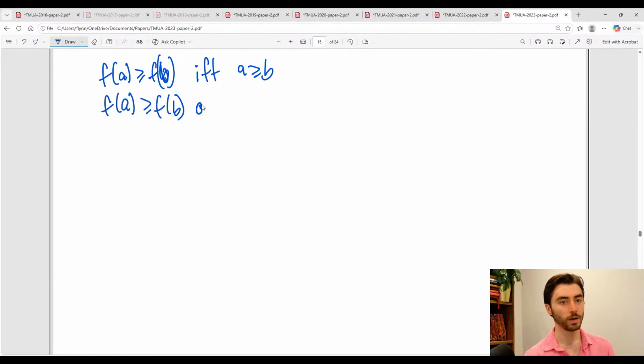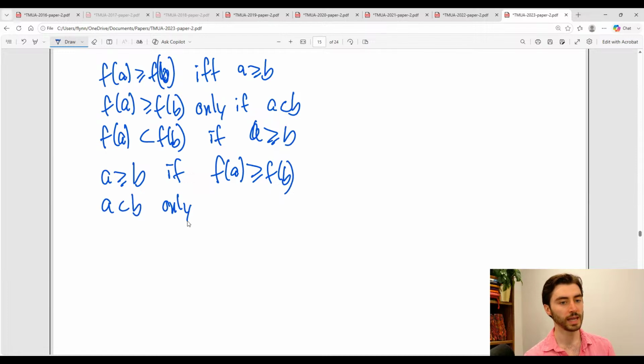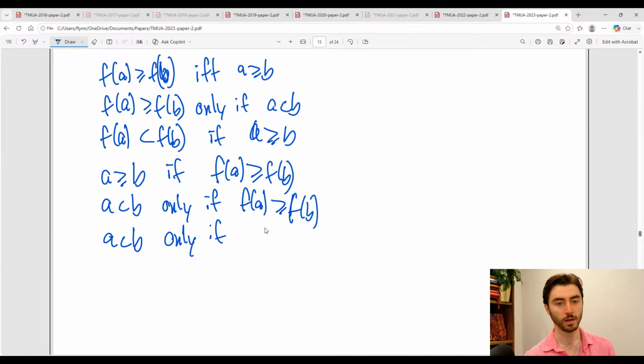We have only if A is less than B. We have f of A is less than f of B if A is bigger than or equal to B. We have A is bigger than or equal to B if f of A is bigger than or equal to f of B. A is less than B only if f of A bigger than f of B. A less than B only if f of A less than f of B.